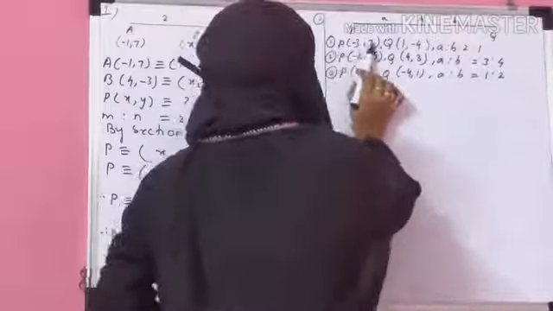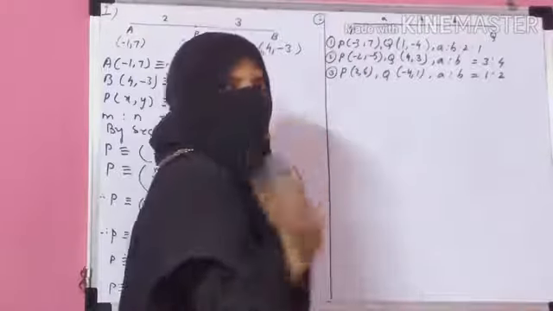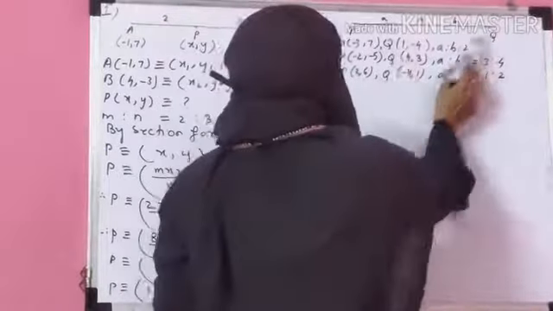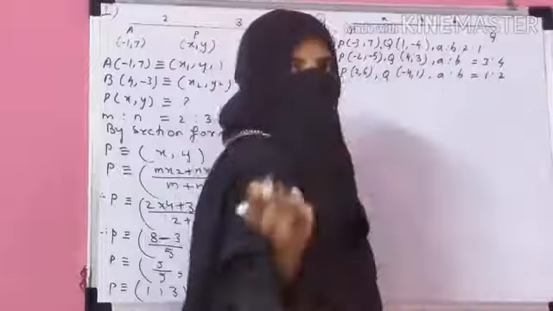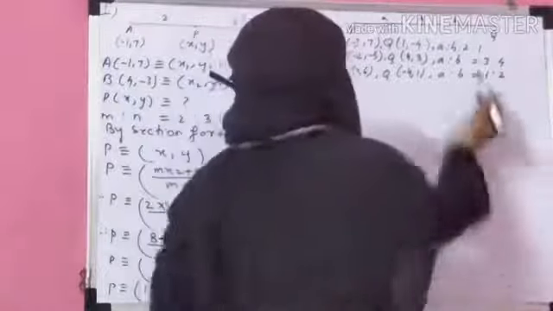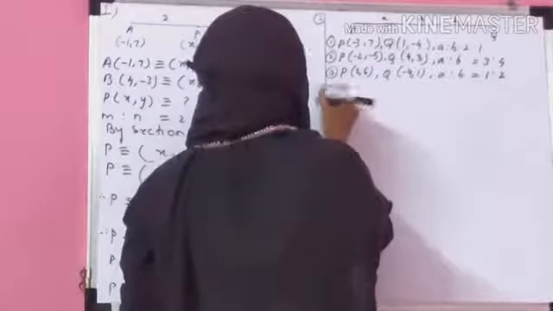The first one: coordinate of point P is given, so this is your x1 y1. Coordinate of point Q is 1, minus 4, that is x2 y2. A is to B is nothing but m is to n. Ratio is also given, 2 is to 1, and you have to find the coordinate of point A, that is x and y. Okay, so let's start the first one.